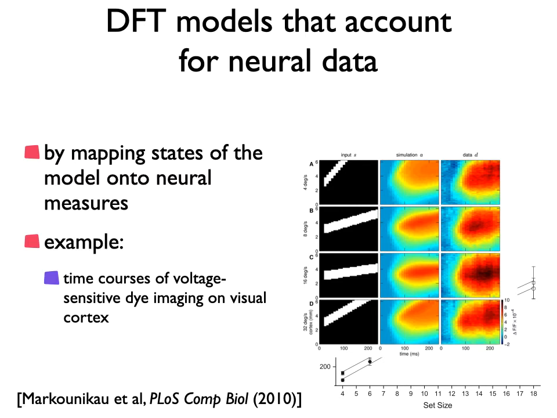Now, another interface that DFT models may have is with neural data. In that case, you're mapping particular states of the model onto particular neural observations, neural measures. Here's an example from a paper a couple of years ago in which time courses of voltage-sensitive dye imaging on visual cortex, shown here on the right, are modeled.